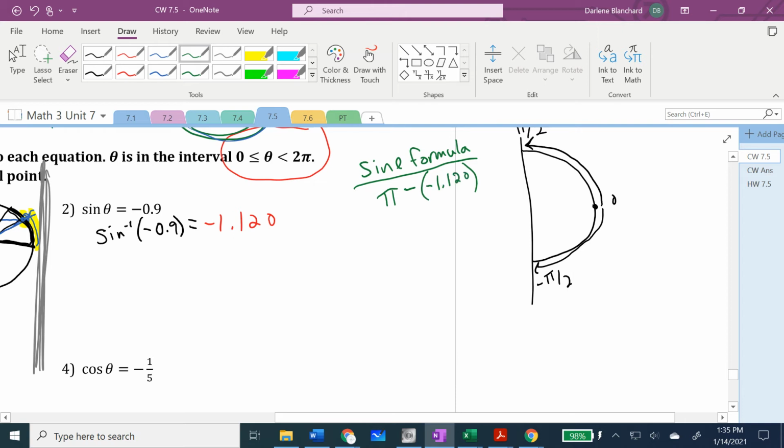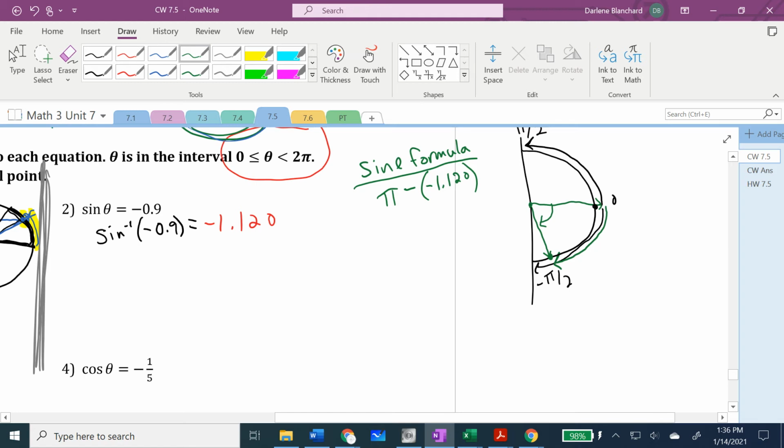And I will show you with the diagram. I got a negative angle that's way down here. So here's 0. Here's my initial side.